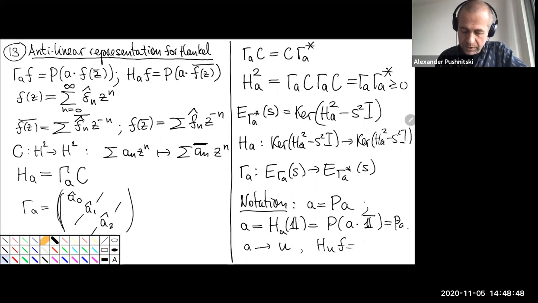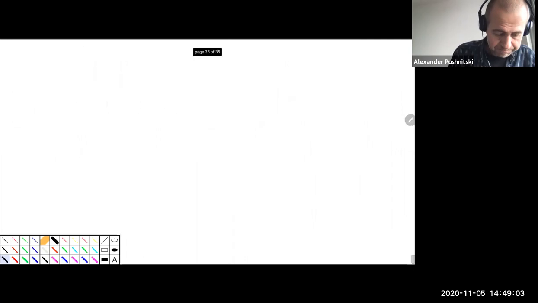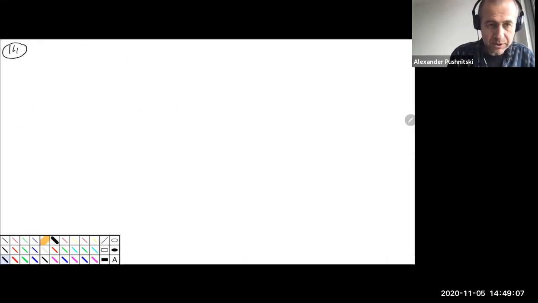HUF, once again, is P of U F bar. Okay, so this is the notation out of the way. Next point. Let's just start our discussion by discussing Hankel kernels and ranges.